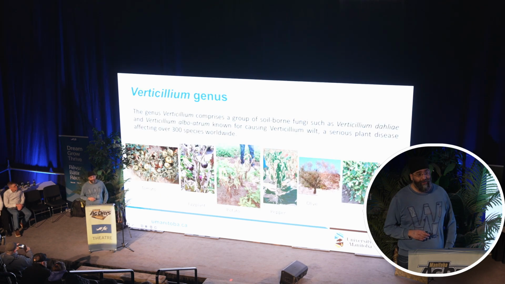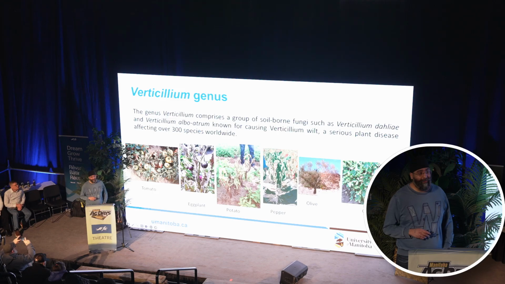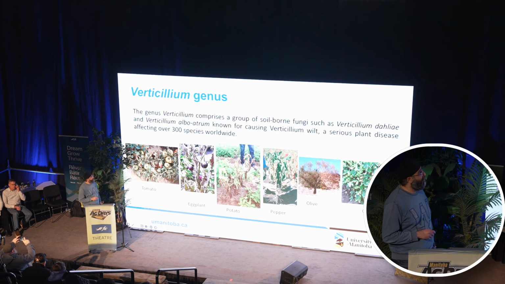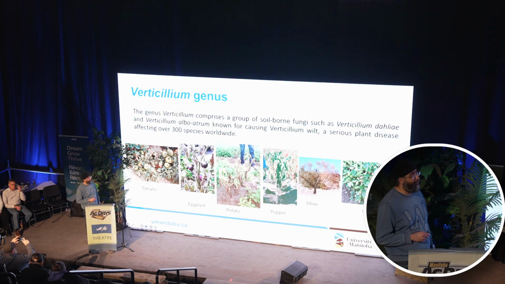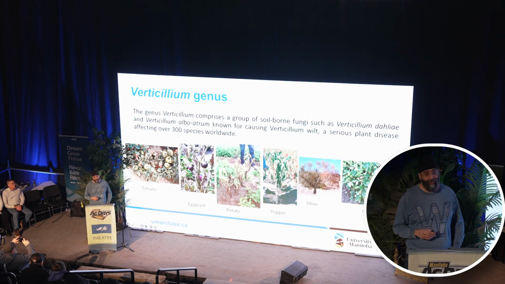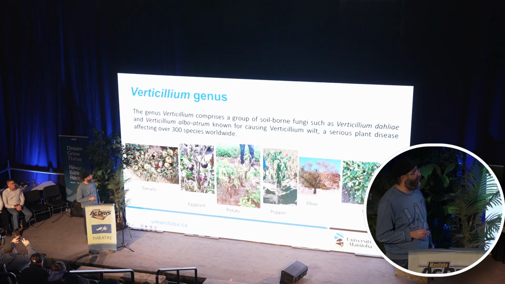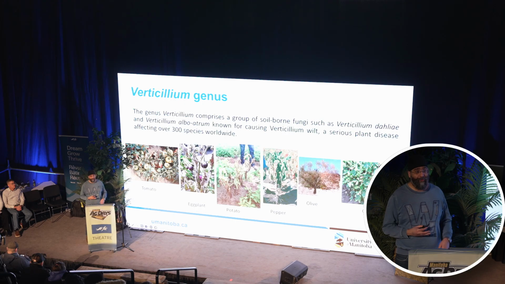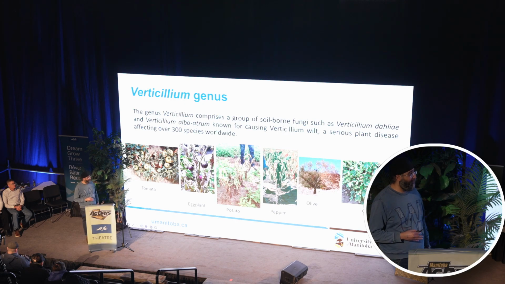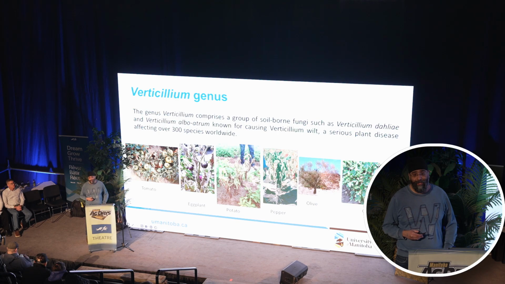Before we get into the disease itself, I want to spend some time talking about the pathogen or the genus which this pathogen belongs to. Verticillium longisporum belongs to the Verticillium genus, and this genus infects a lot of different species across a lot of different crops. The potato growers in the room might have heard of Verticillium dahliae, a pathogen which belongs to the same genus.